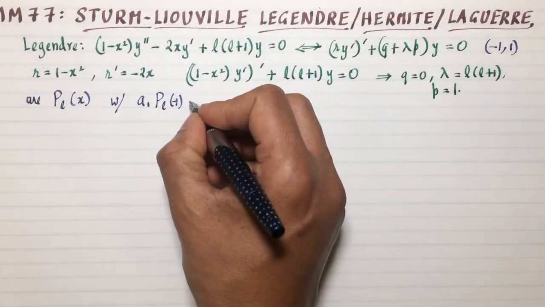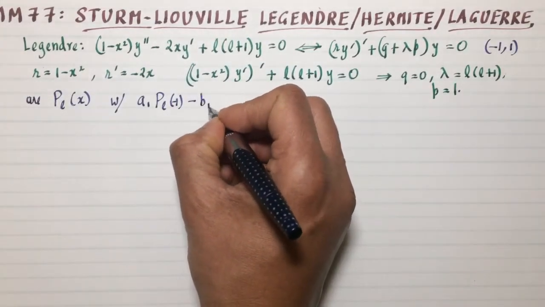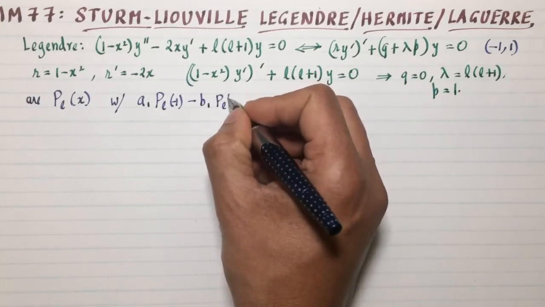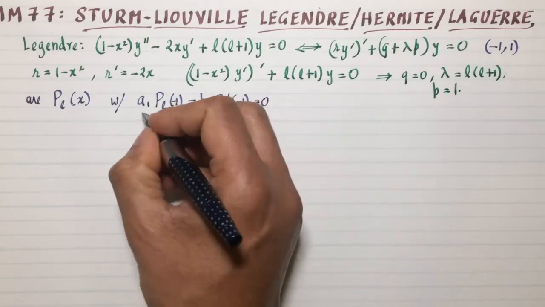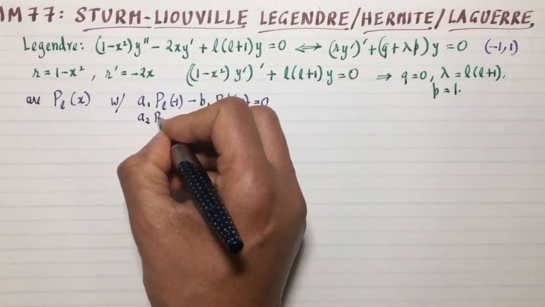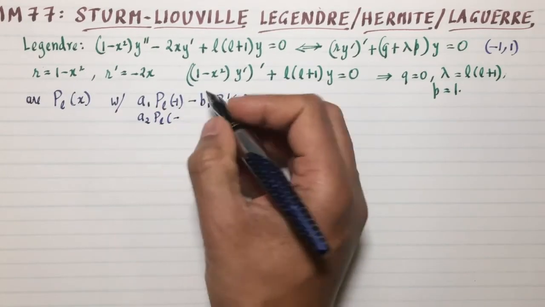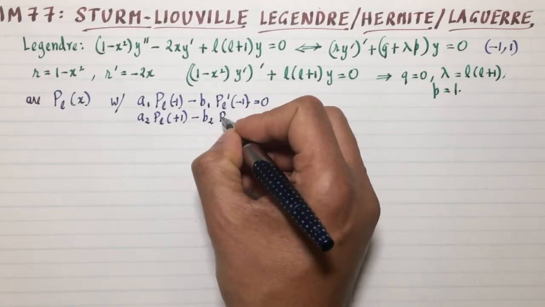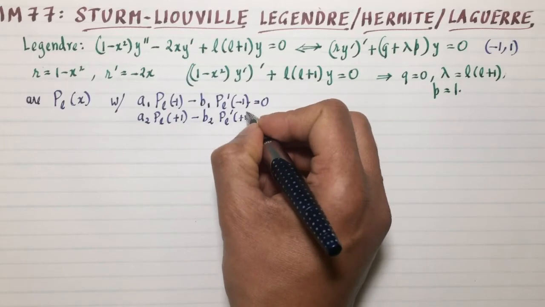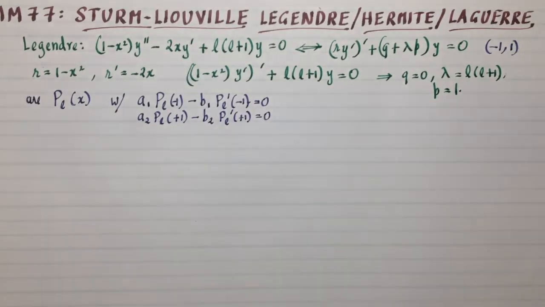So A1 P_L(-1) minus B1 P_L prime(-1) equal to 0. That's the left boundary condition. And then you have A2 P_L(+1) minus B2 P_L prime(+1) equal to 0. That's the right endpoint boundary condition for the eigenvalue problem.